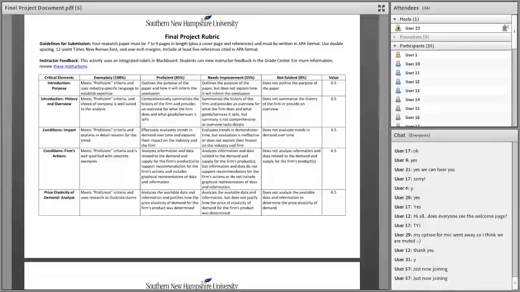The reason I say this is because there have been students who have chosen maybe the firms they work for. And it looks like that firm will work fine because you work in it, you're an insider, and you might have access to some information, but you really need to make sure that you do have access to the information you do need to complete the paper.